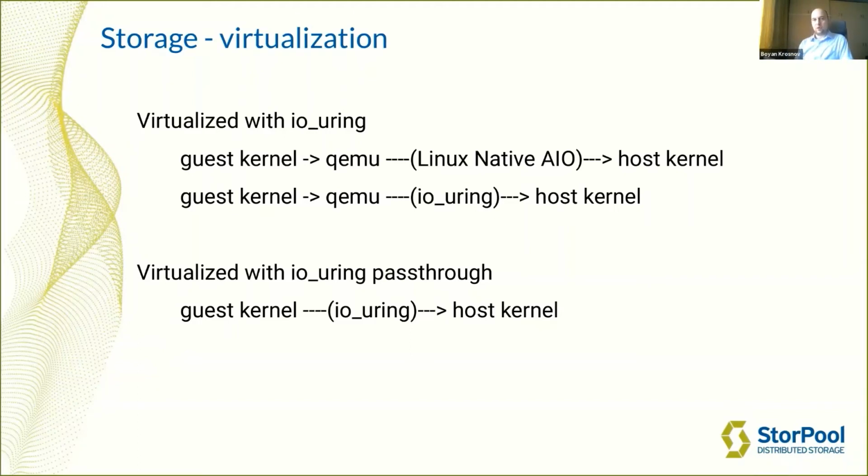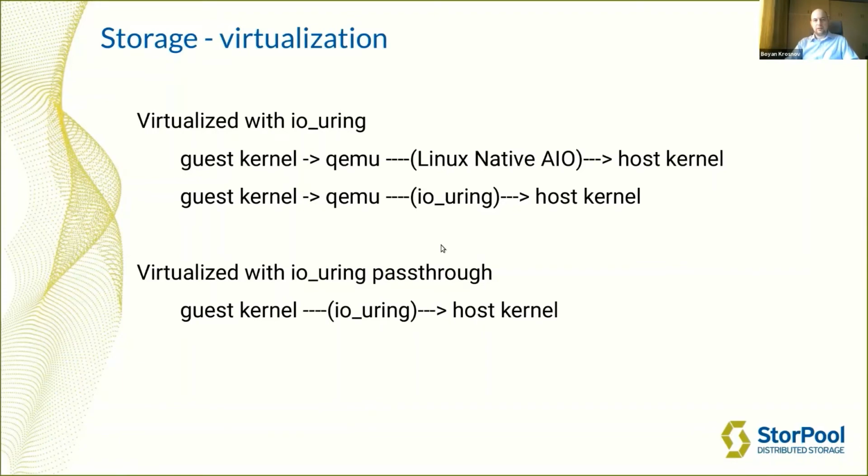But it is a more modern implementation with 10 plus years of learning of how to design a high performance interface between two processes, right? So io_uring between the QEMU process and the kernel gives you lower latency, higher throughput between the two.